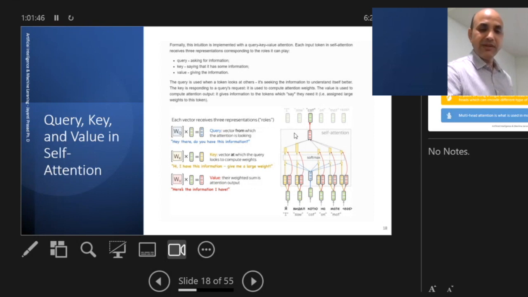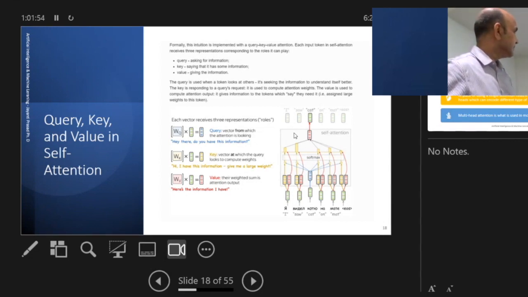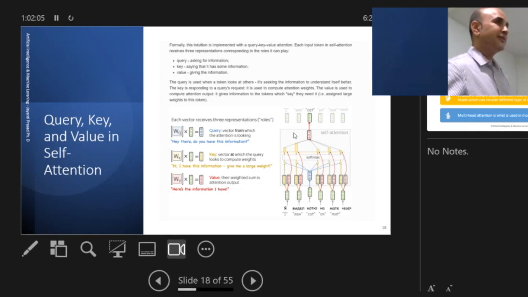So more will come here, but at this point, I think it's clear. Blue is query, key, value. So one vector goes into three vectors.